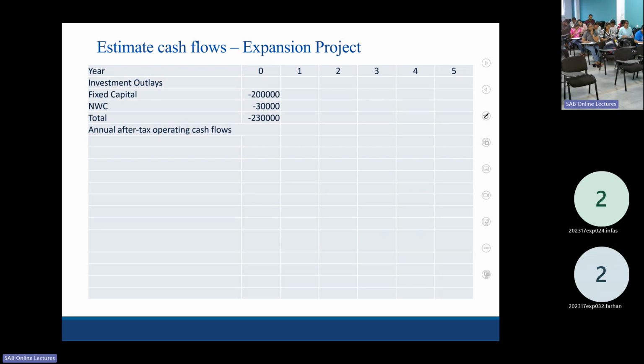Increasing net working capital means cash outflow. It's a negative cash flow. Then your zero cash flow is 230,000. This is the initial investment of the project, 230,000.